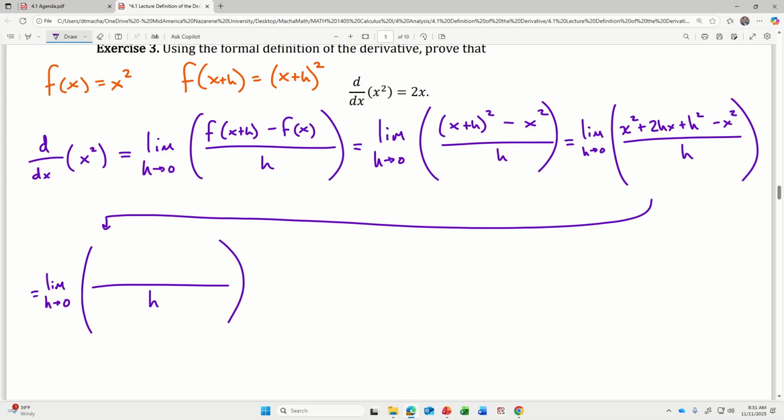How do I simplify that? The x squareds cancel. And you can take the h out of all of them, right? Yes, I can divide everything in the numerator by h. What's the limit as h approaches 0 of 2x plus h? 2x.